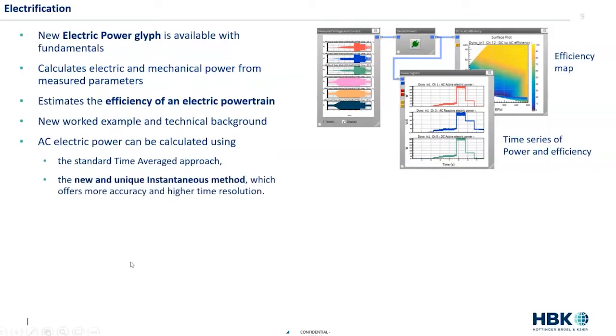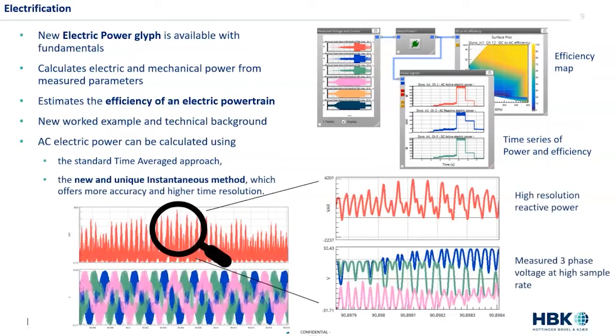Now, what we added in version 2022 is a new and unique additional method called the instantaneous method. This one offers far more accuracy, especially for reactive and apparent power, and also, as its name indicates, a much higher time resolution. So you could look at the power signal through a microscope, if you will. So in red here, for instance, we have the reactive power with some peaks of reactive power.